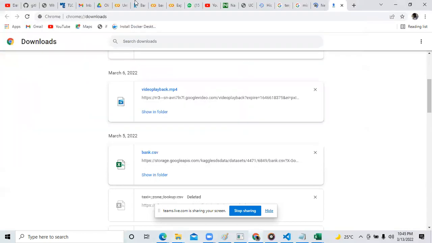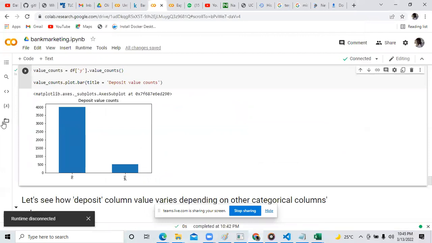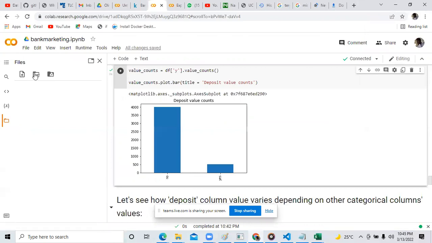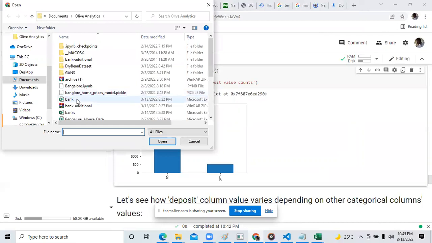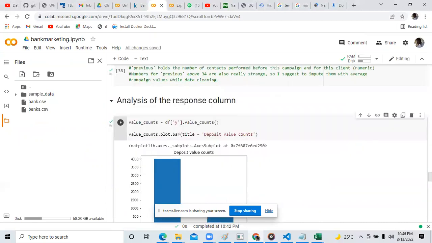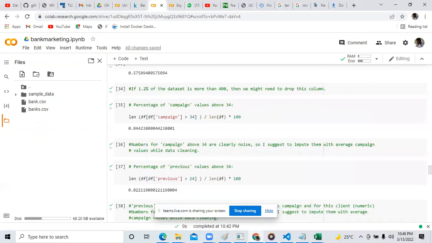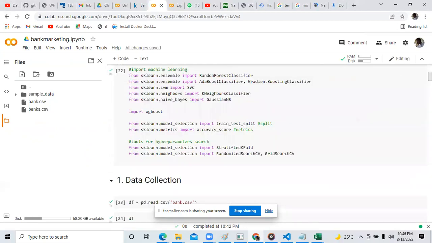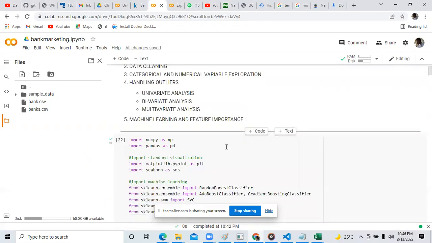All right, so let me go and load it now. So it seems like the banking data set I downloaded from Kaggle and the one you downloaded from UCI are different.